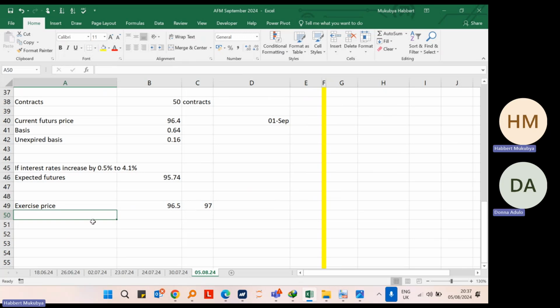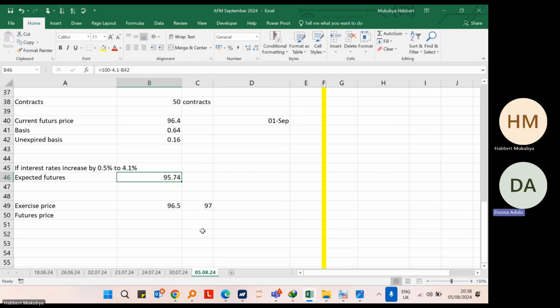Why did we subtract the unexpired basis? This is how you get the futures that you are predicting, because what we are doing here is basically interpolation.